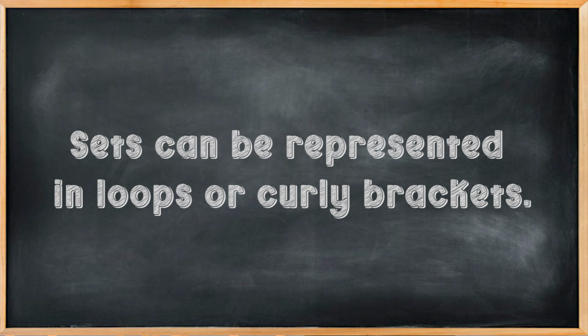We also learned that sets can be represented in 2 main ways. Sometimes we draw loops, or some sort of shape, and put all the members in there. Sometimes we list the members in curly brackets.